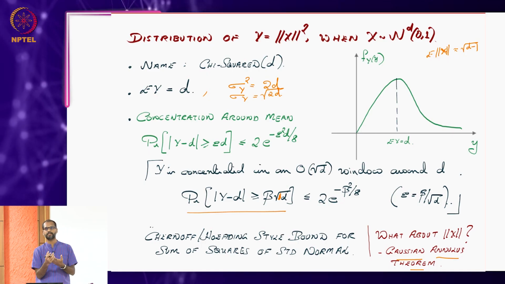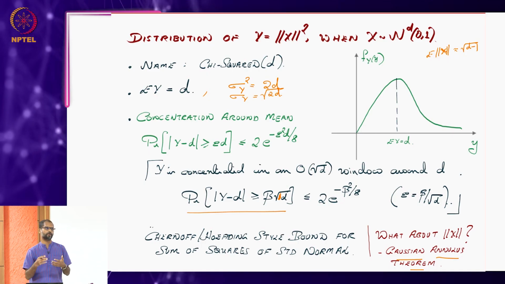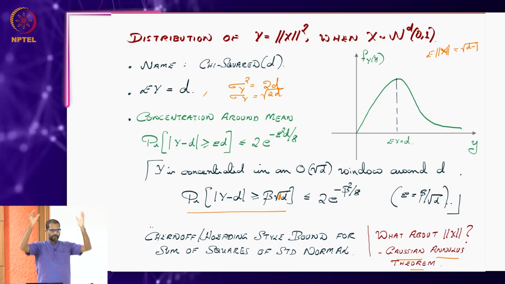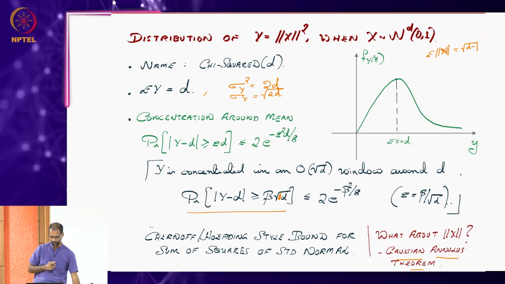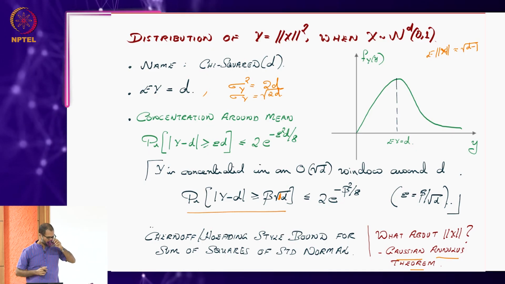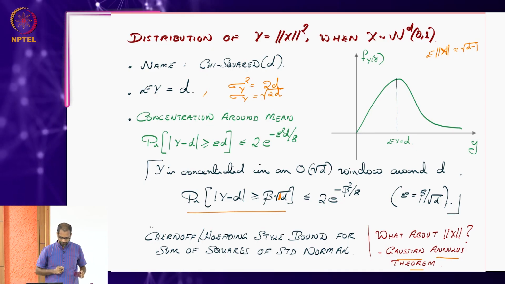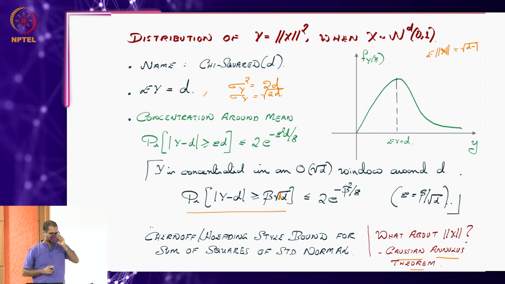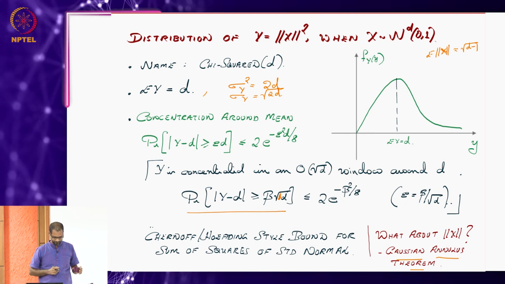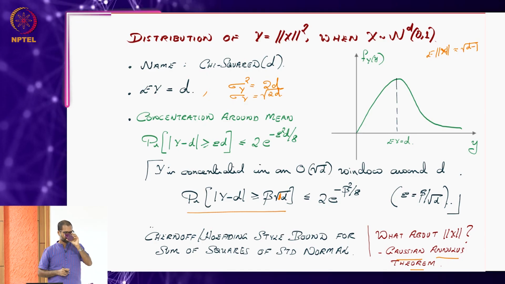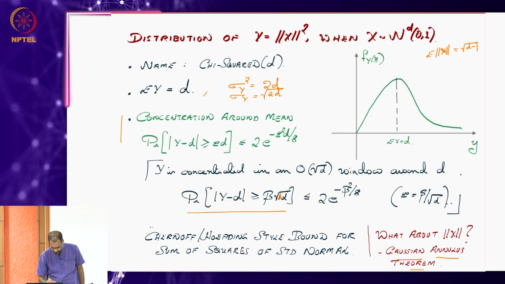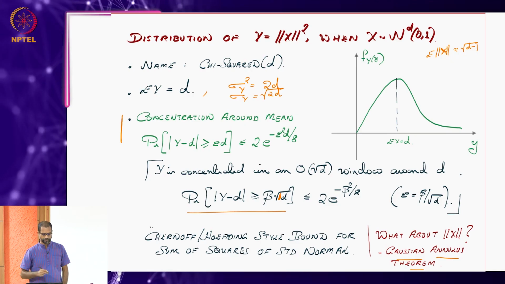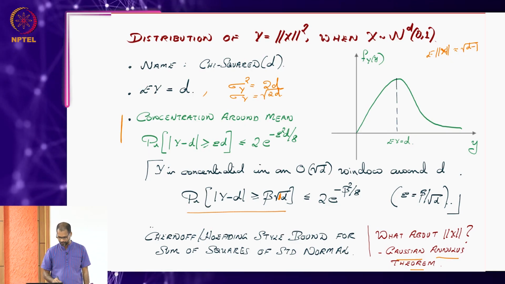For some 100 dimensions it will be more like an annulus in the 100 dimensional space whose radius from the center is around 10. Okay. So, we are going to roughly make use of this to finish our analysis.